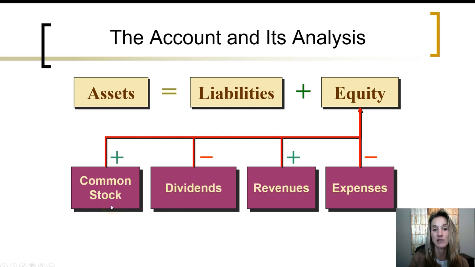As owners invest, equity goes up. As revenues are earned, equity goes up. As expenses are incurred, equity decreases. And as dividends are paid, equity decreases.